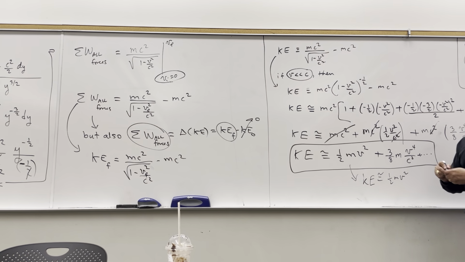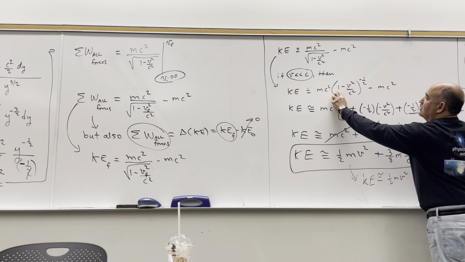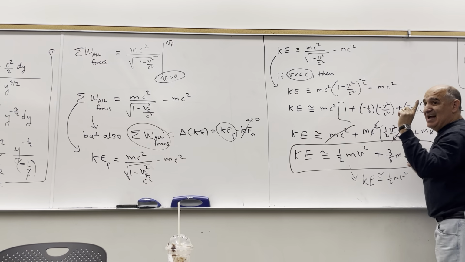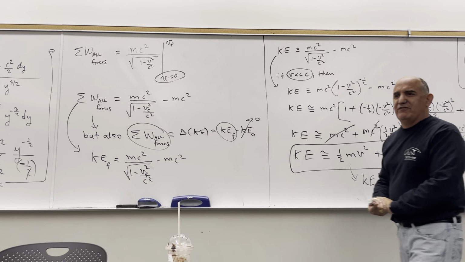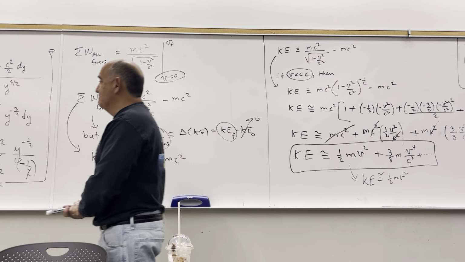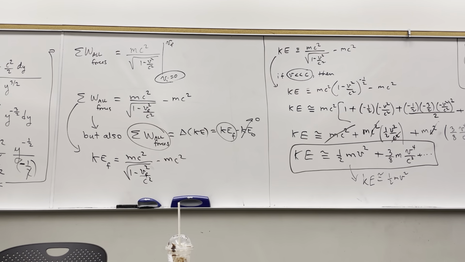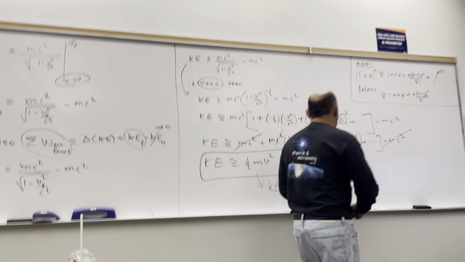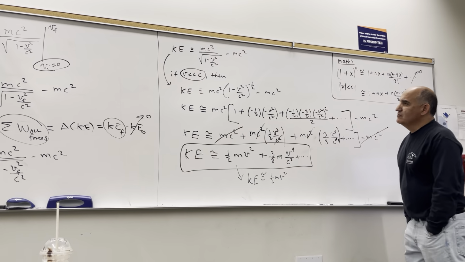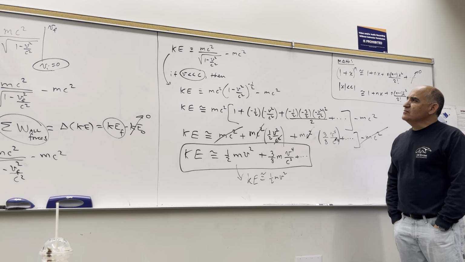The point is that once this mc squared cancels the 1 with this one, all the other terms are the kinetic energy, because that's the energy associated with the speed of the object. We just cut it to one term in Phys 185, and we just say 1/2 mv squared. But in reality, there are other terms.